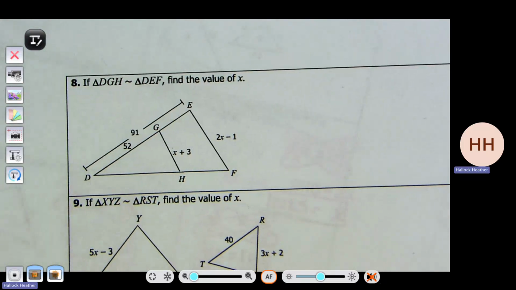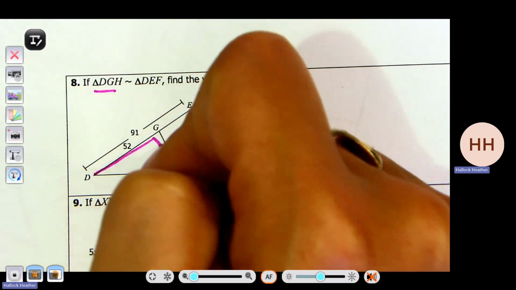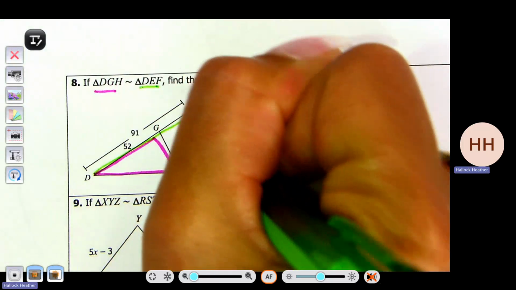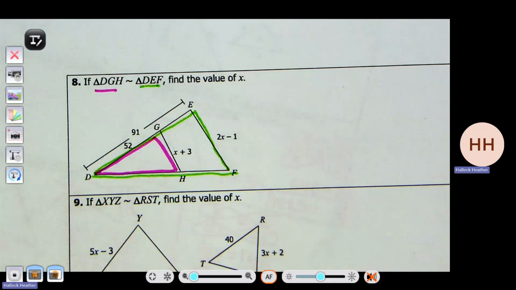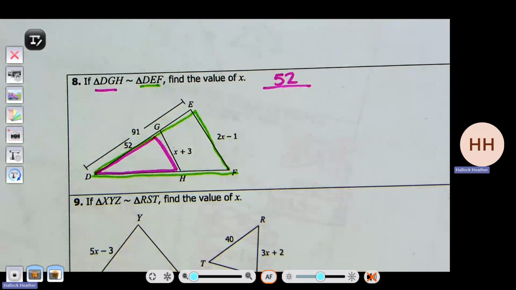Okay, so now we're doing the same thing. You're doing small over big equals small over big. There are two triangles in this picture. One of which is DGH. This is the small one. The other one is DEF, the big one. So we're picking something, anything on the small triangle. 52. 52 matches with what on the big triangle? 91.